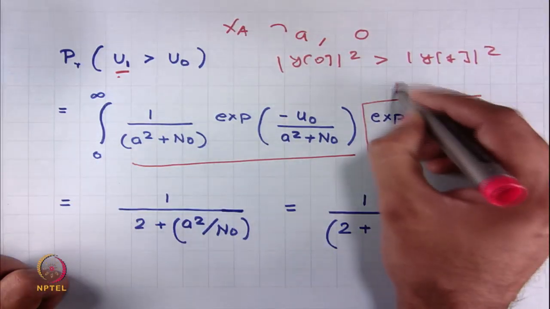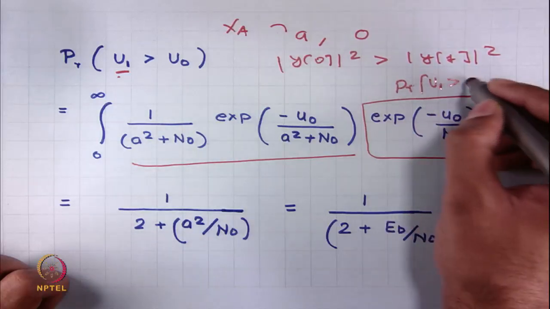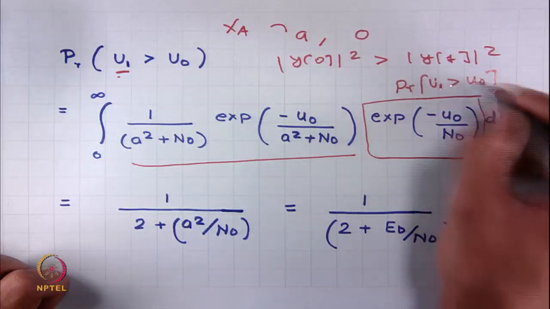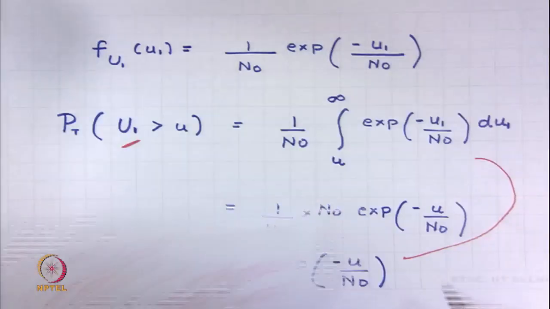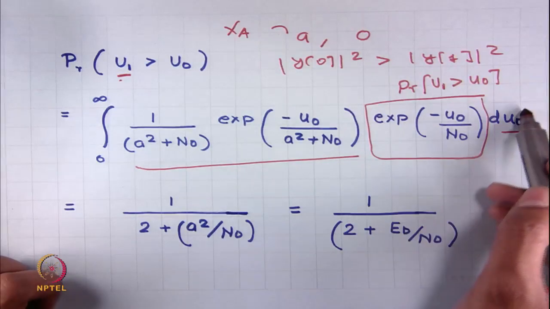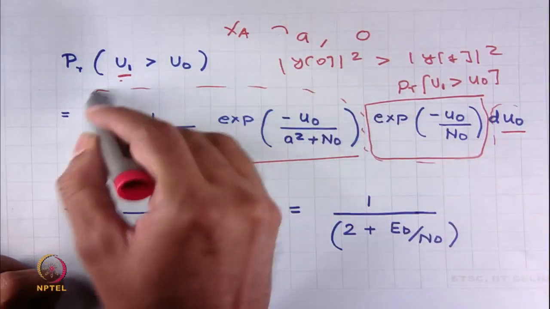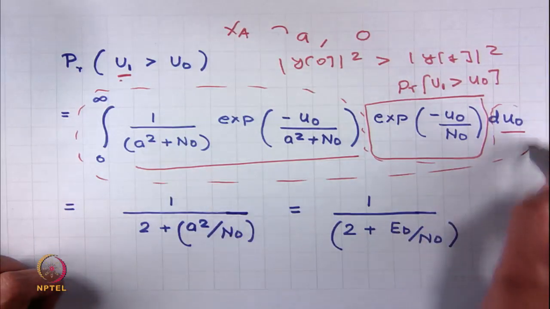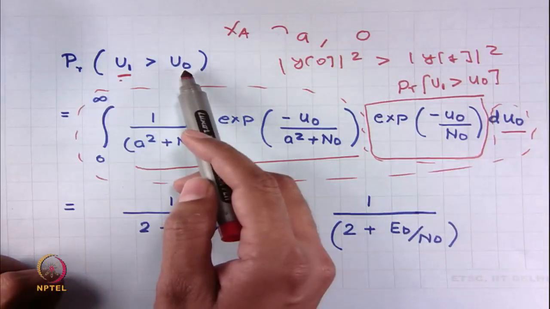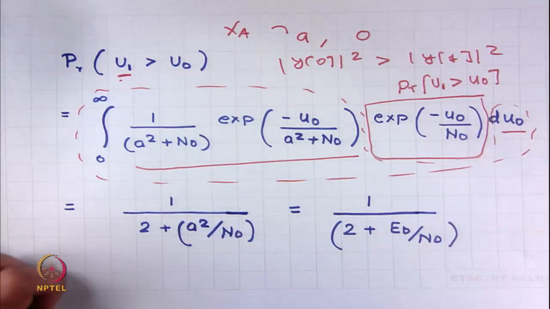So, this corresponds to the probability of random variable u 1 taking a value larger than u naught. This is what we have derived here, and this is the probability of random variable u 0 taking a numerical value small u 0.